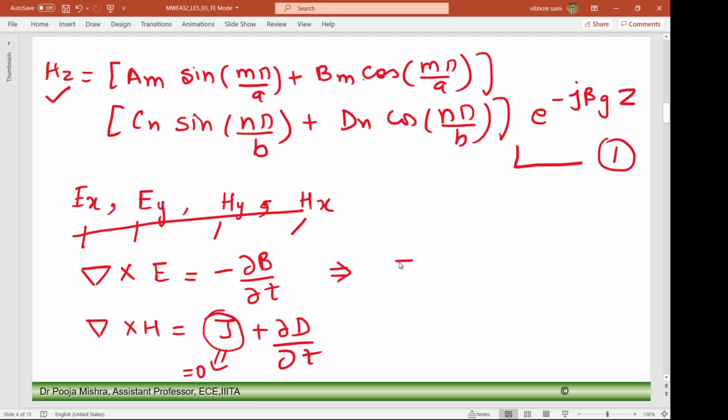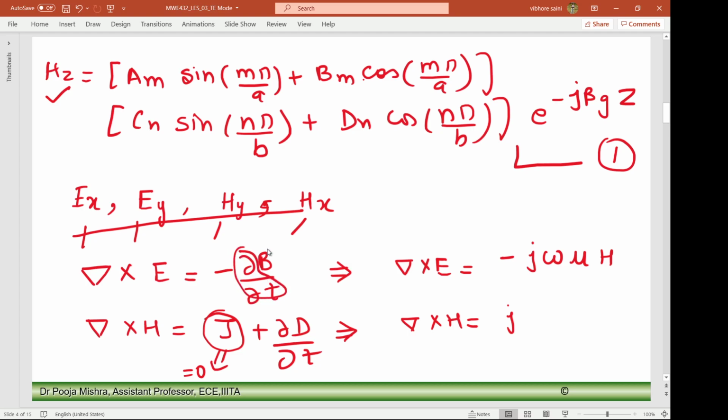So this del cross E could be written as minus del B by del t, that is minus j omega mu H. B is equal to mu into H, and del by del t could be represented as j omega, and this equation, Ampere's equation, could become del cross H is equal to J, del by del t will be j omega.